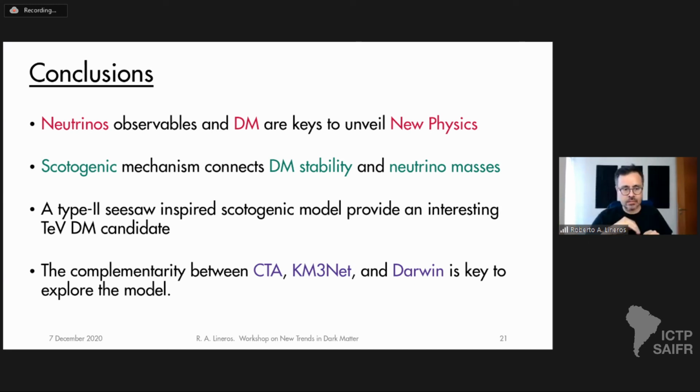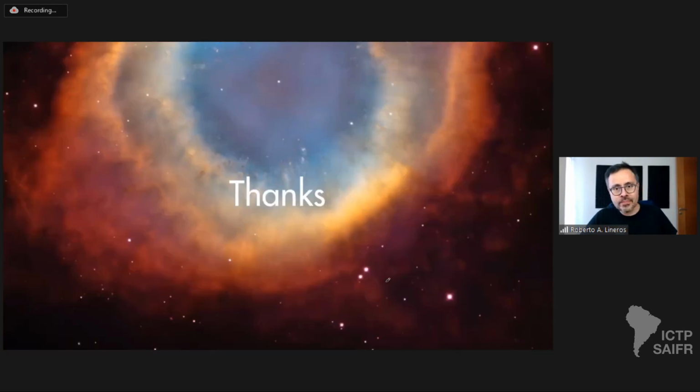So that is basically the idea. In some sense, this model is not a trend, but doing research in the sector of models producing TeV dark matter candidates could be a very interesting trend for the future of the area. And that's all. Thank you very much.